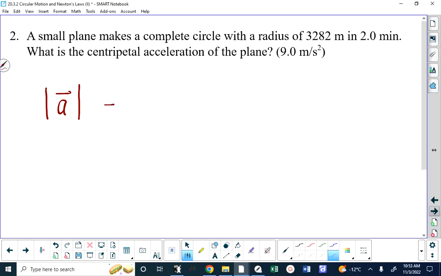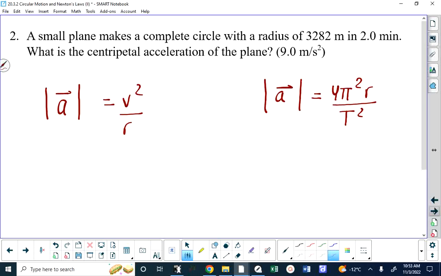But this is equal to v squared over r, so we can use this formula to calculate the acceleration if we want, or in this case, we can use this formula. And, you know, from strictly a problem-solving standpoint and an economy standpoint, trying to get to the answer as quickly and efficiently as possible, the second formula is better. I just don't prefer it.